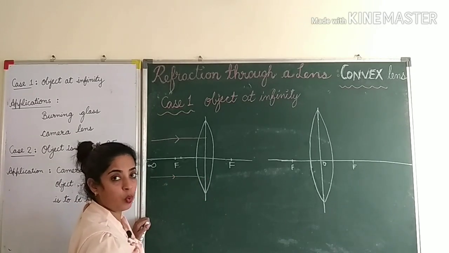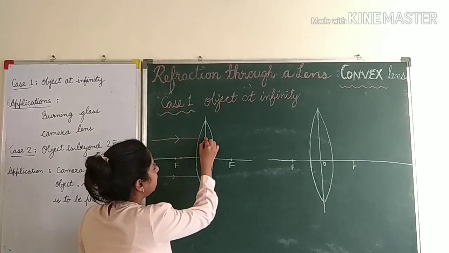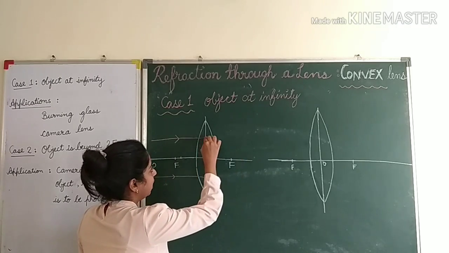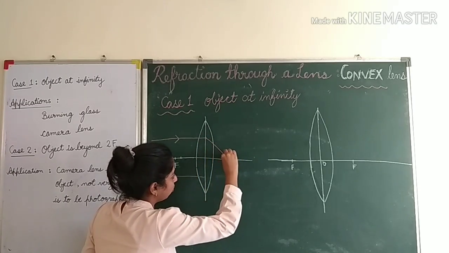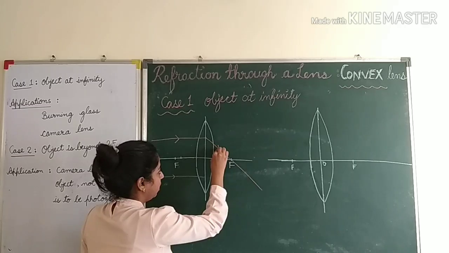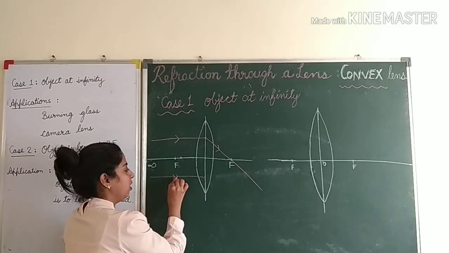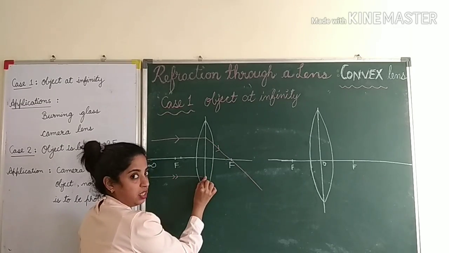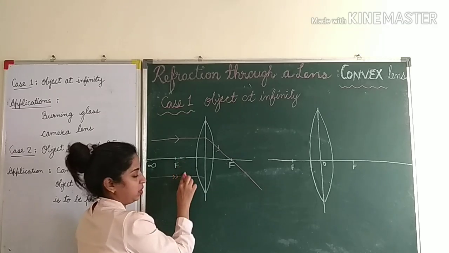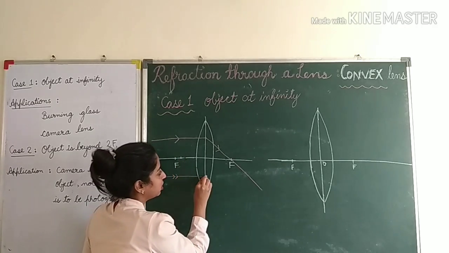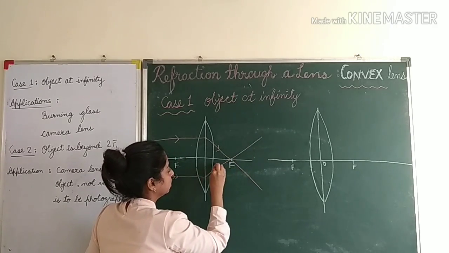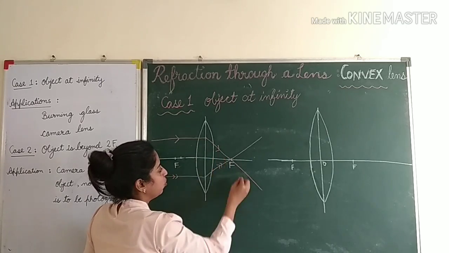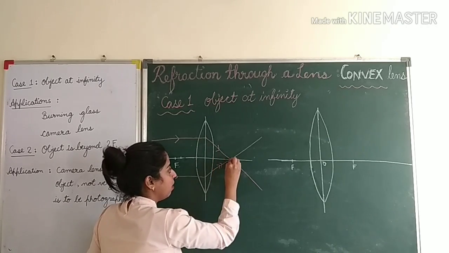So what does rule 1 say? Whenever a ray is parallel to the principal axis, after refraction it will pass through focus. So I made it pass through focus. The second ray is also incident parallel to the principal axis, and after refraction it will pass through focus. So these two rays have met at F.